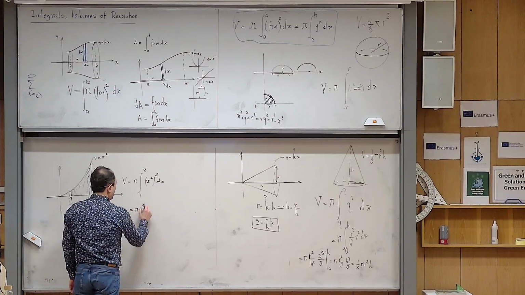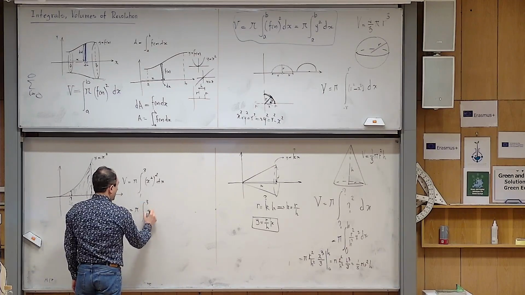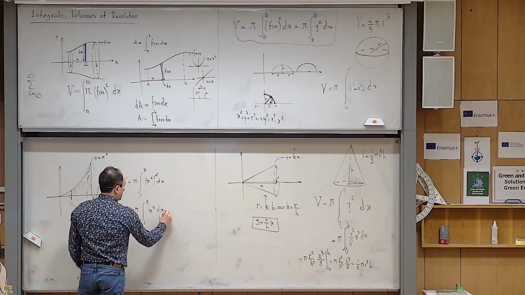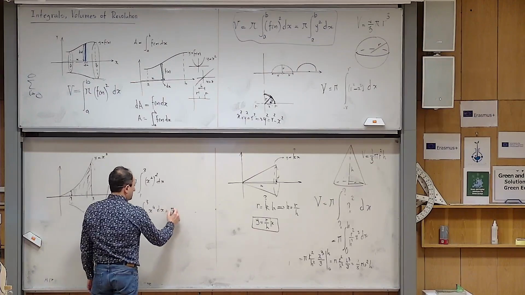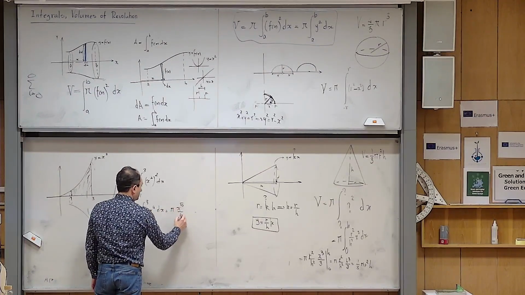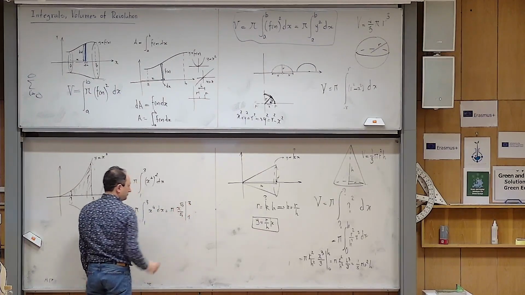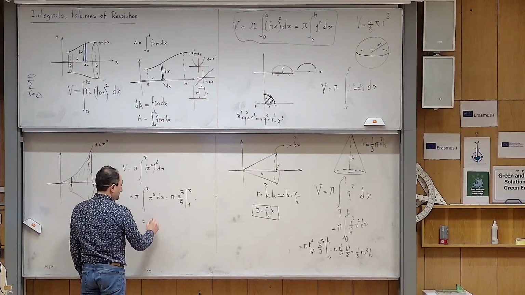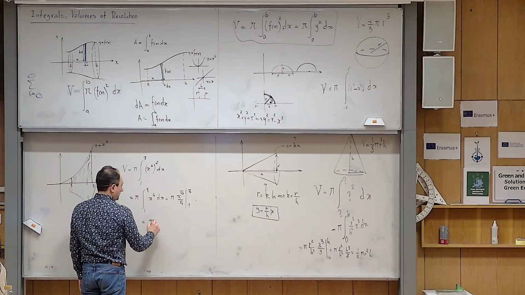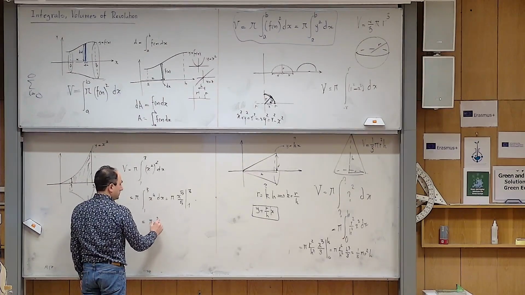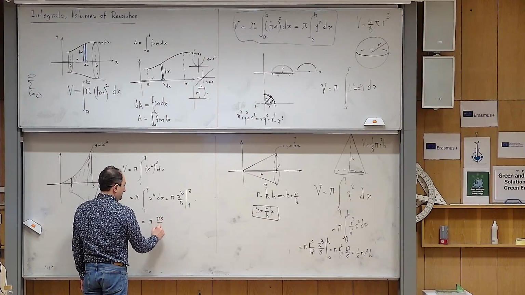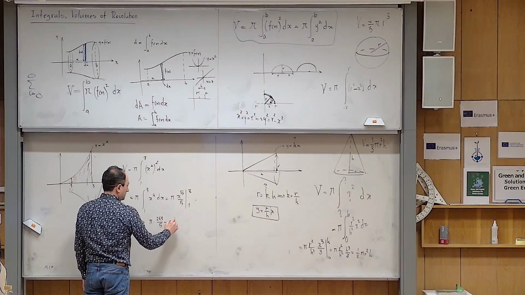So it becomes pi integral from 1 to 3 x to the power of 4 dx. It becomes pi x to the power of 5 over 5 from 1 to 3. So this becomes pi 3 to the power of 5, which is 243 divided by 5, minus pi 1 over 5.